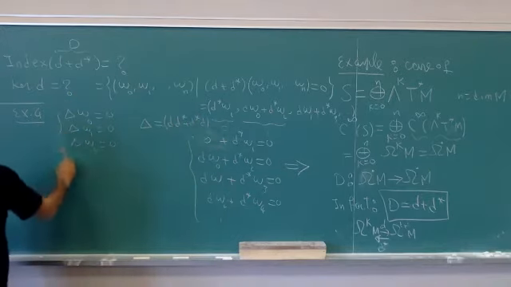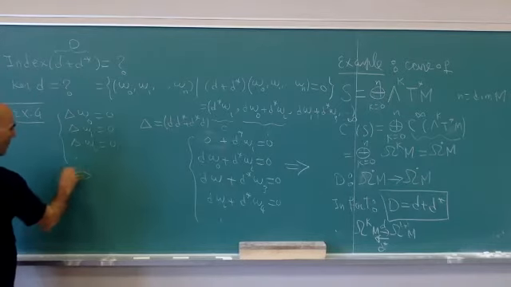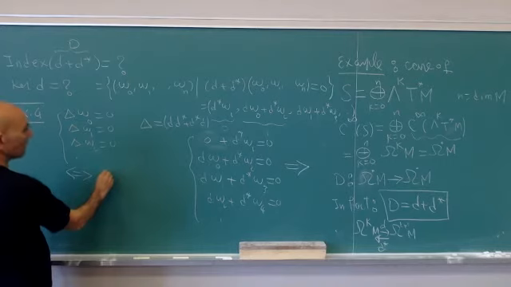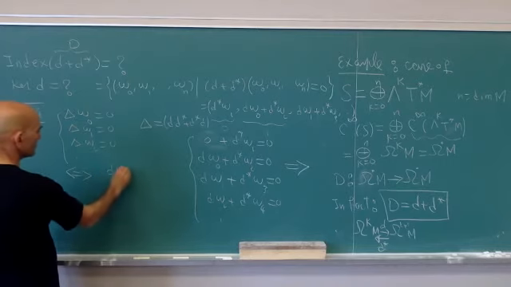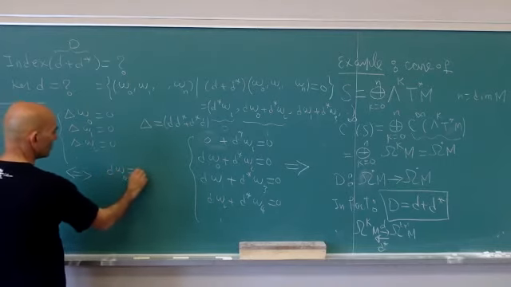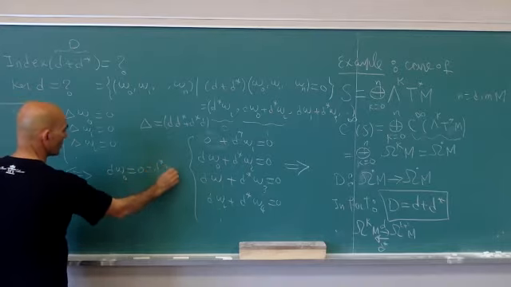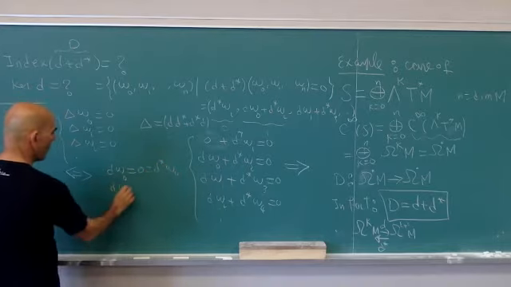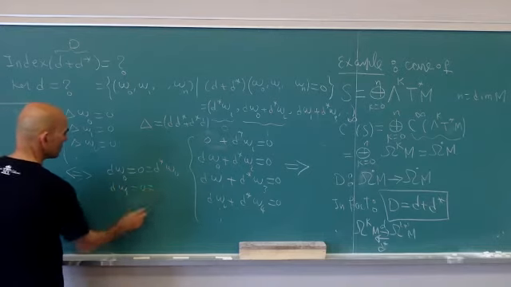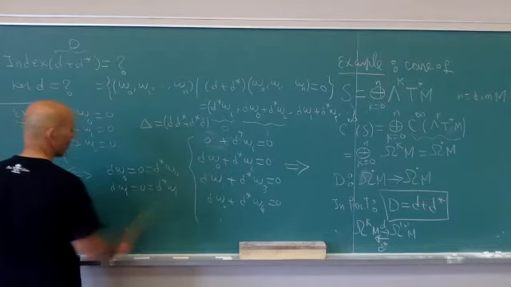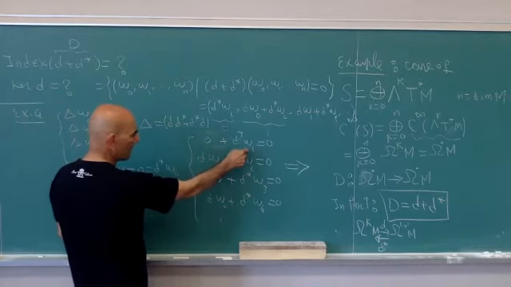Alternatively, this just means that d of omega 0 equals 0 equals d star of omega 0. D of omega 1 equals 0, which is equal to d star of omega 1. The d star of omega 1 we already have here, that's 0.